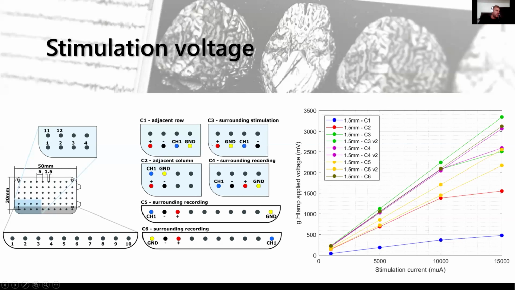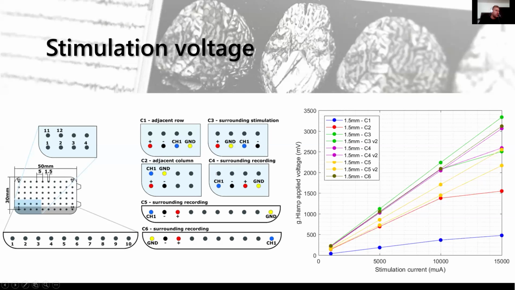So for example, in the setting C1, we are measuring here separated from the stimulation, and by that get a very low stimulation voltage on the recording side, so roughly 500 millivolts. So this is still saturated, but that's not a problem.